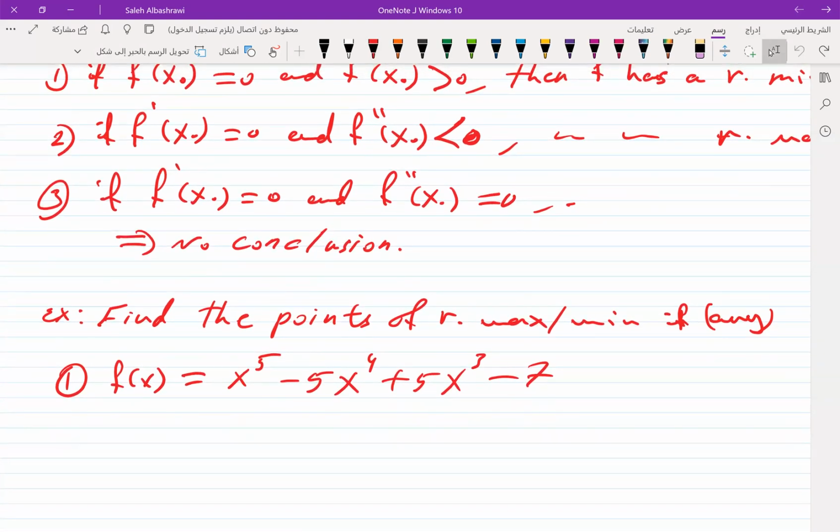We use the same example as before. And I need to find the point of relative maximum or relative minimum. I can apply the first derivative test, but for this example, I'm going to use the second derivative test.